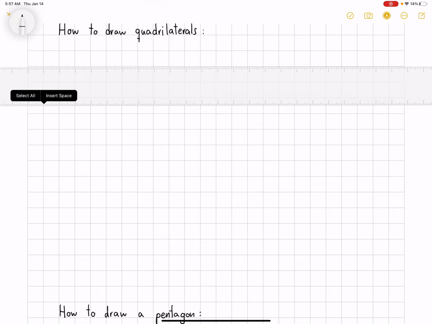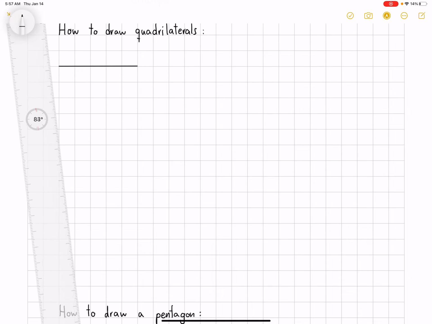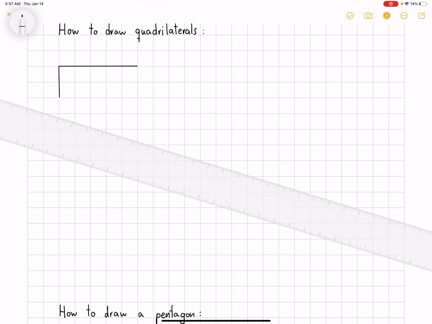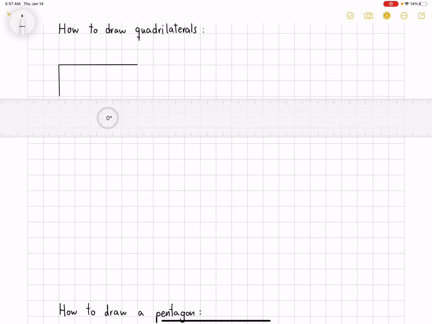This means that we're going to count 5 squares. 1, 2, 3, 4, 5. And now for the other side, we're going to count 2 squares. 1, 2. So this will be a rectangle with sides 5 by 2.